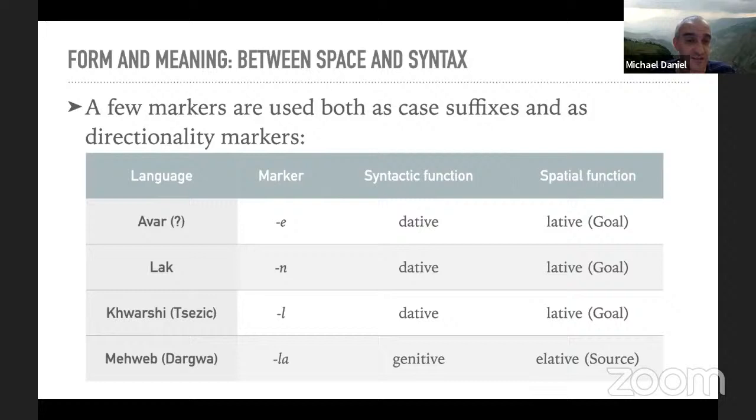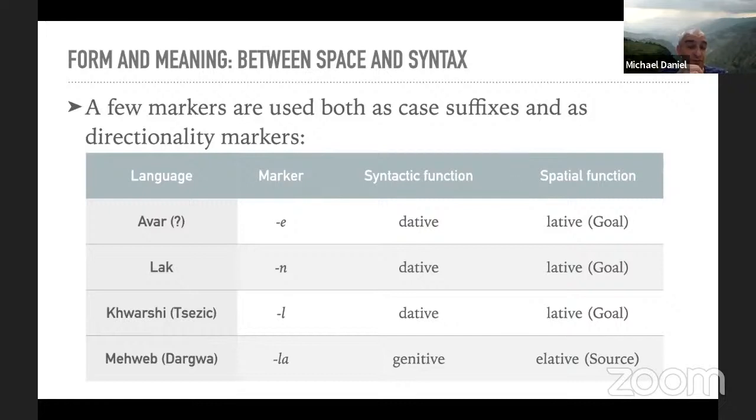At least Alexeyev does not suggest that it's the same marker, but they formally seem related. And of course, this relation is very natural and expected, because the recipient is an elaboration of a goal. So the obvious link between the functions of lative, motion towards, and recipiency is clear.